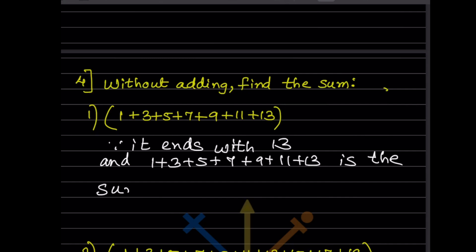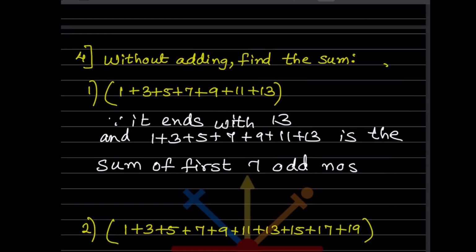How many numbers are there? Total 7 numbers, the first 7 odd numbers. Can you see? 1, 3, 5, 7, they are the odd numbers. Therefore, its sum, because we have 7 numbers, is equal to 7 square, and the answer is going to be 49.